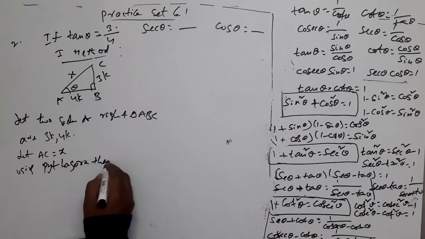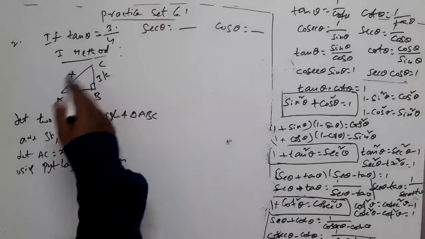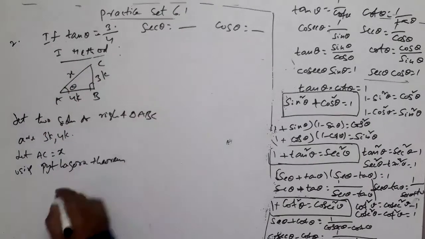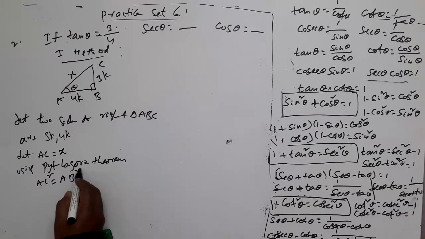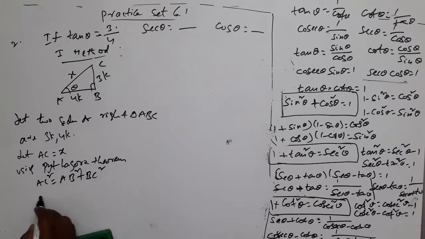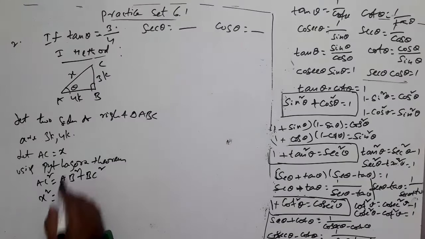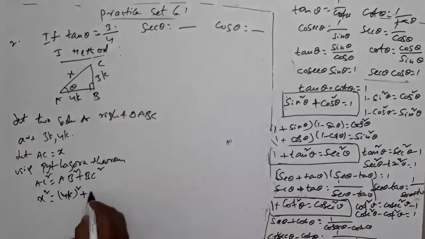Tell me, what is Pythagoras theorem? Hypotenuse square is side square plus side square in a right angle triangle. So AC square is AB square plus BC square. So x square is 4k whole square plus 3k whole square.